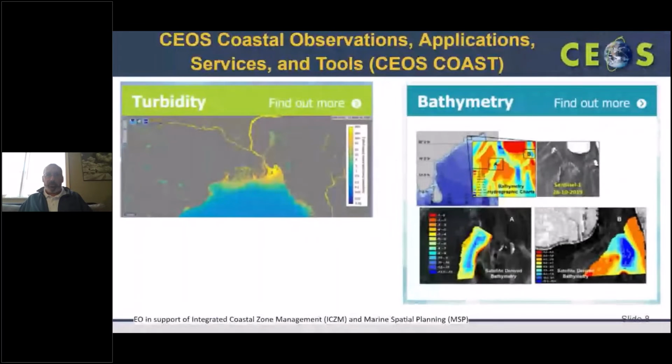These are some other examples of CEOS COAST products and attendant applications that we're working on, particularly turbidity products, which is very well captured using satellite ocean color and other optical imagery.